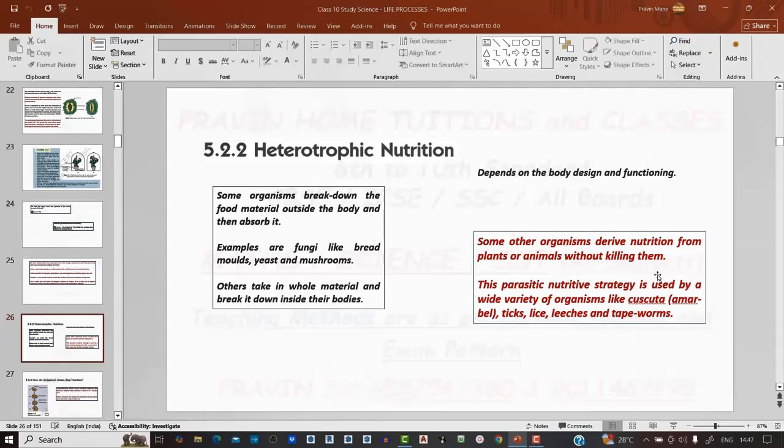First, some organisms break down the food material outside the body and then absorb it. Examples are fungi like bread mold, yeast, and mushroom. Second type of heterotrophic nutrition is where organisms take food inside their body and then digest it or break it down into simpler form.